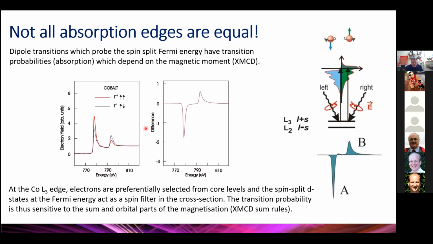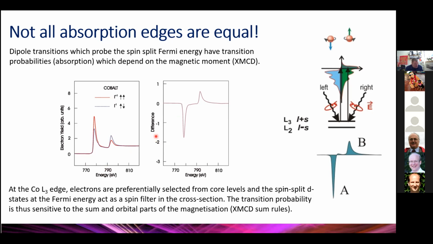So what the XMCD is very powerful at doing is using that absorption contrast to give you differences at the L3 and the L2 edges, from which you can extract the spin and the orbital contribution of the magnetization. And that's the basis of the XMCD sum rules.